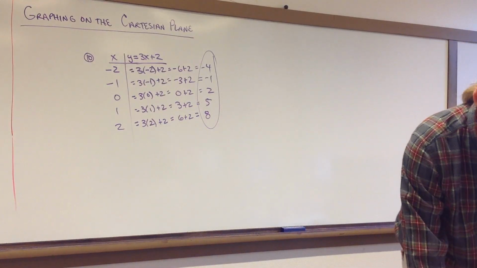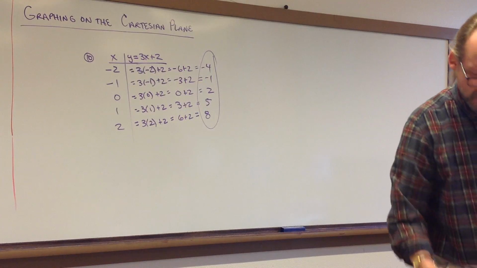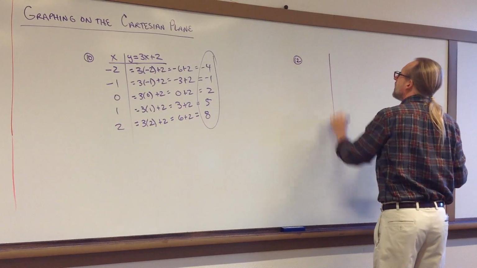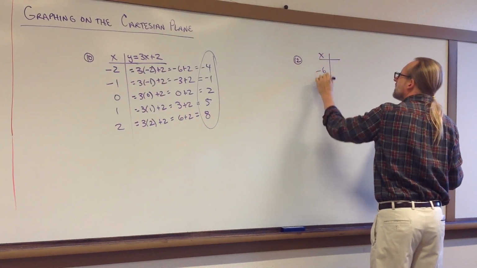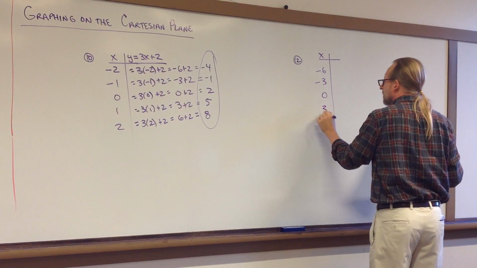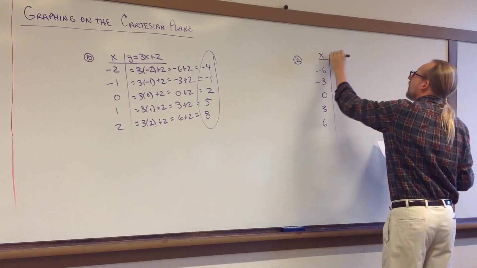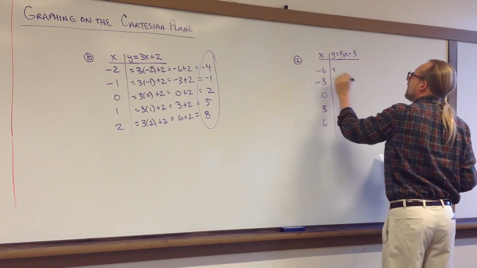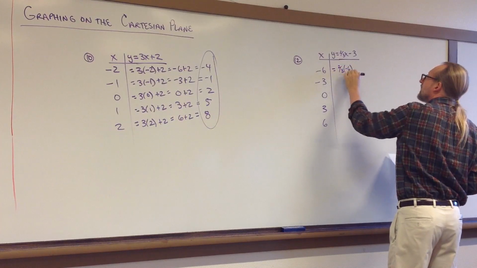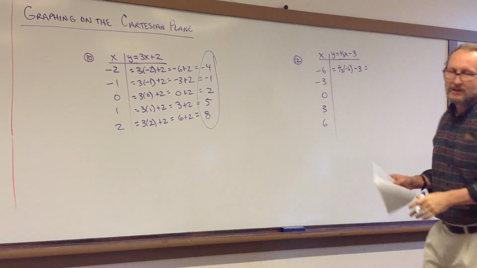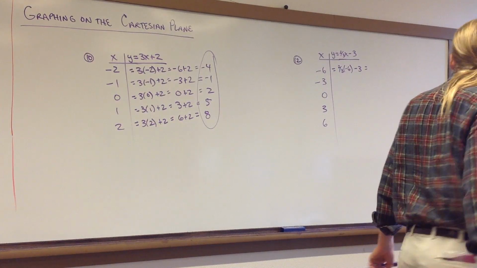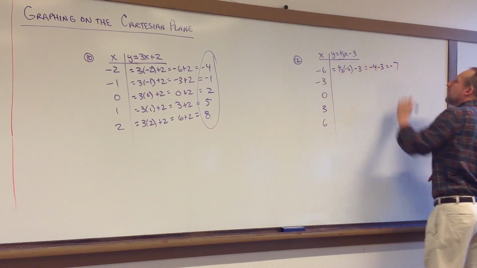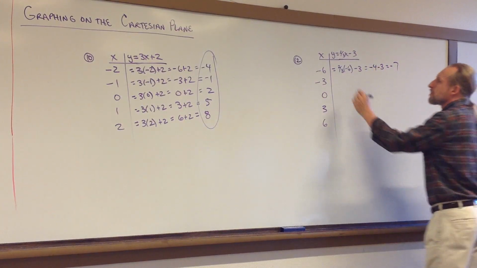Let's see. Problem 12. I think we've got another fraction in here. So here we've got x values of negative 6, negative 3, 0, 3, and 6. And our y is 2/3 x minus 3. Okay, so again, we plug in our x value in place of the x, and then we make our calculation. 2/3 times negative 6 should be negative 4 minus 3 is negative 7.